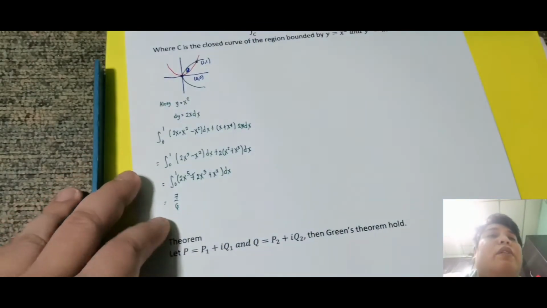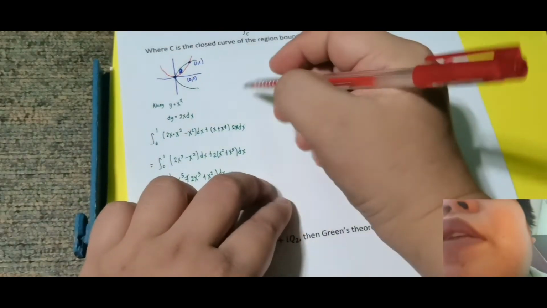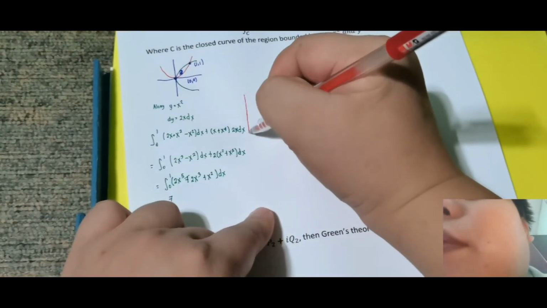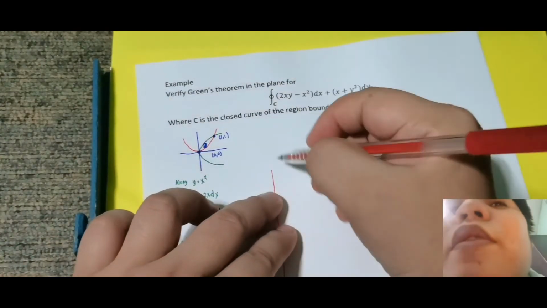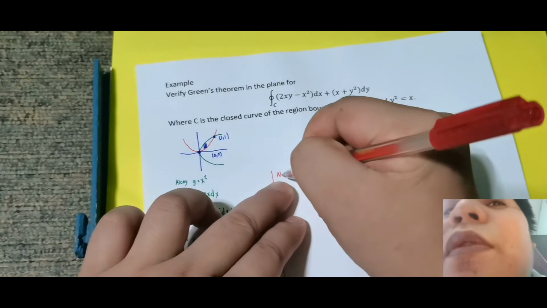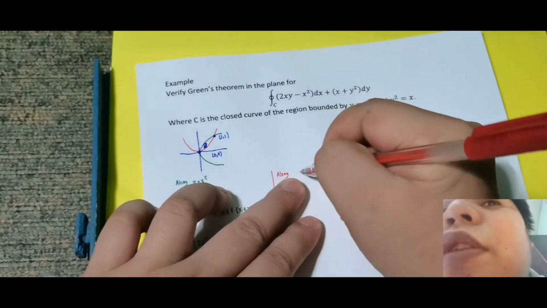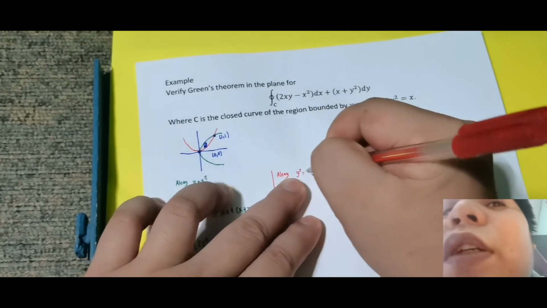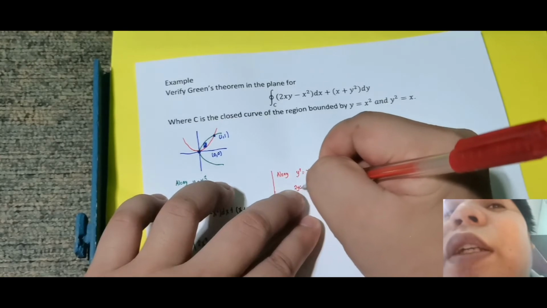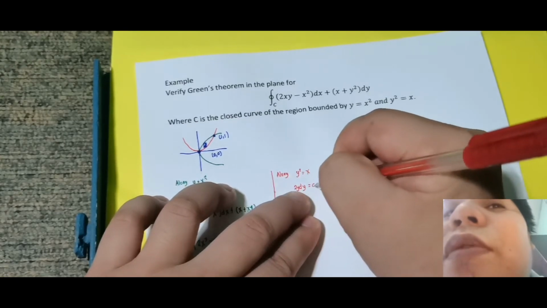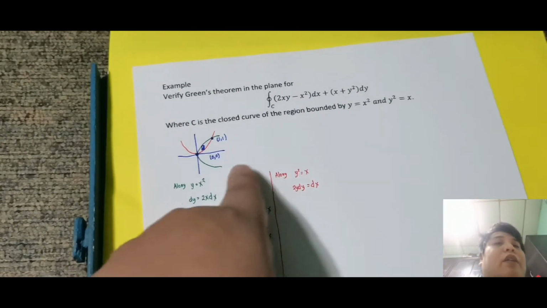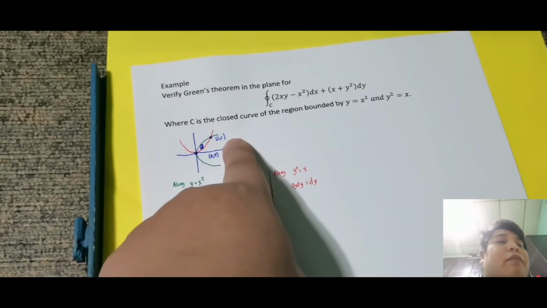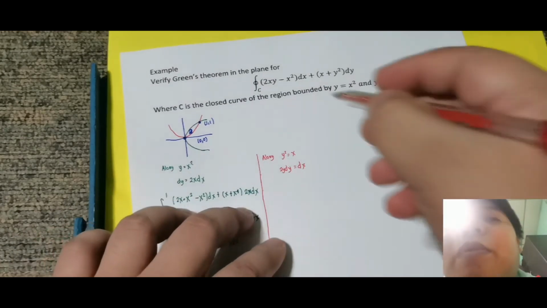Okay, so that was fast. Next is along the other graph. Along y squared is equal to x. So this is simply 2y dy is equal to dx. The limits are from 0 to 1 because only dy remains. So 0, then the coordinate there is 1. So the limits are still from 0 to 1.